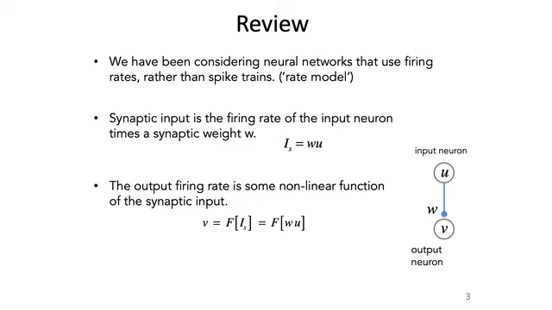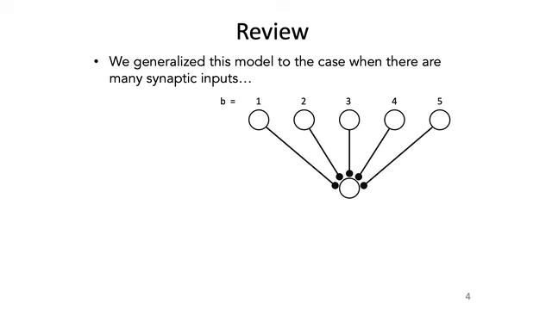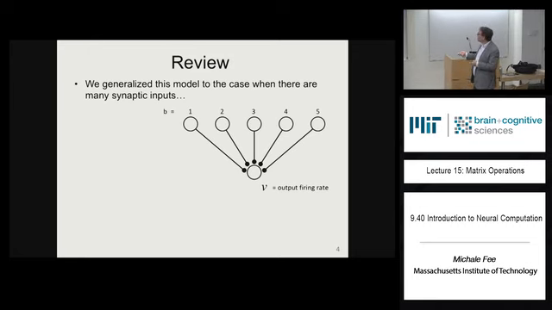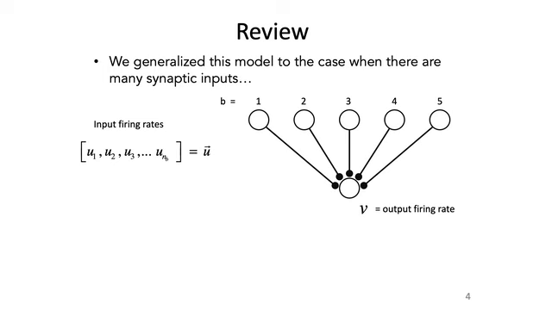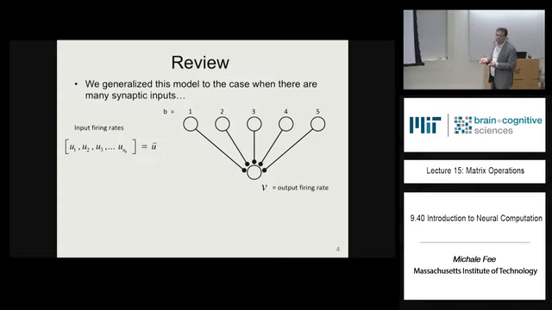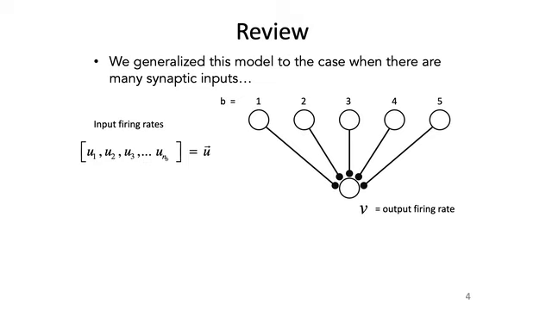We then extended our network from a single input neuron synapsing onto a single output neuron by having multiple input neurons. Again, the output neuron has a firing rate, and our input neurons have a vector of firing rates now, U1, U2, U3, U4, and so on, that we can combine together into a vector U. Each one of those input neurons has a synaptic strength W onto our output neuron, so we have a vector of synaptic strengths.